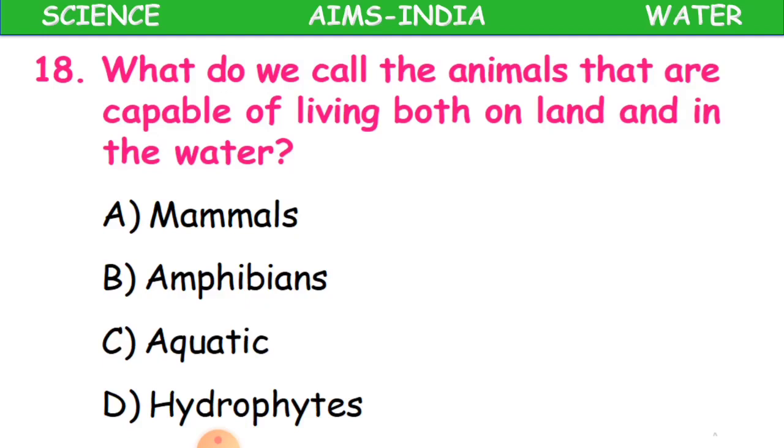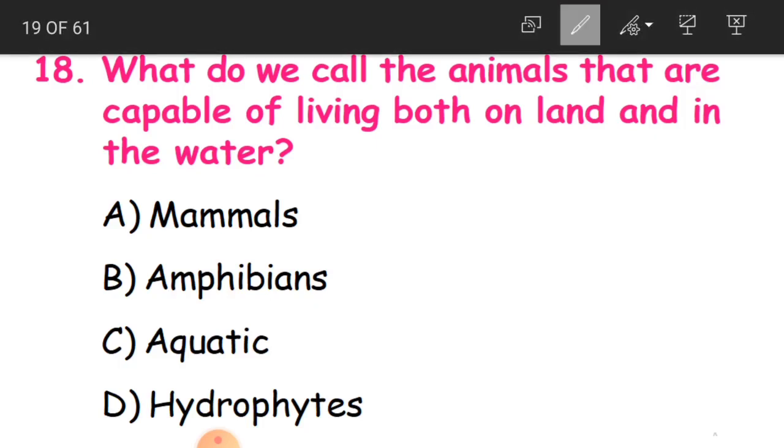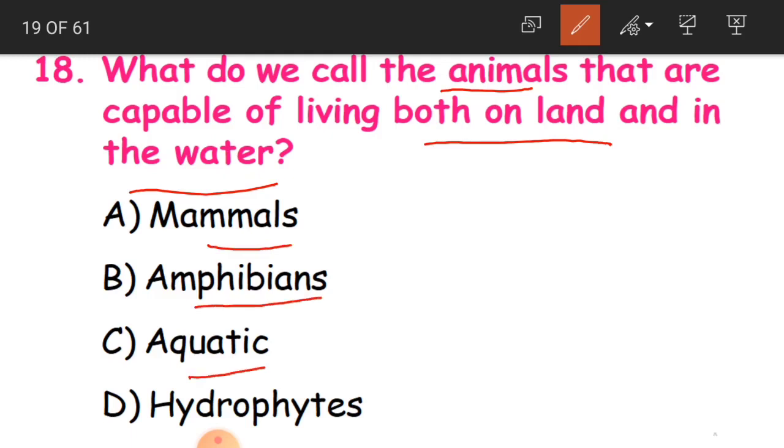What do we call the animals that are capable of living both on land and in the water? See, children, the animals which can live both on land and also in the water. Are they called mammals? Are they called amphibians? C is aquatic and D is hydrophytes.